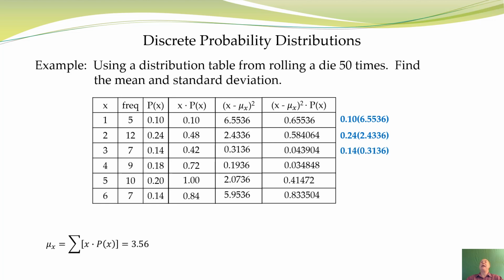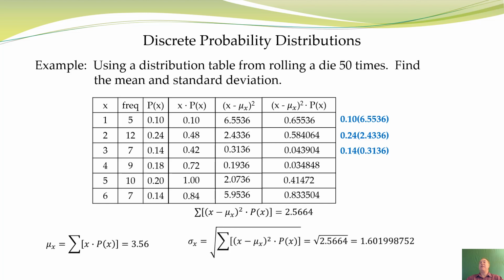This is if you're doing it by hand, which you will not be doing by hand. And then we would end up with 2.5664 for the sum of that column. Now, to find sigma of x, we take the square root of that number. So the square root of 2.5664 is 1.601998752. And that would be all if you're working it by hand.